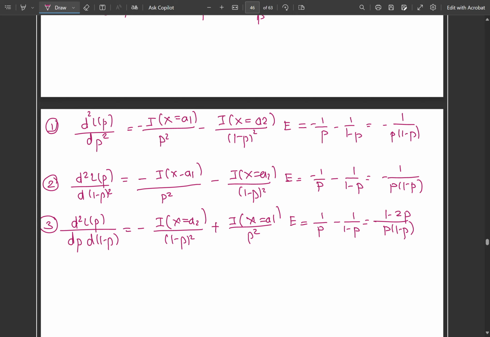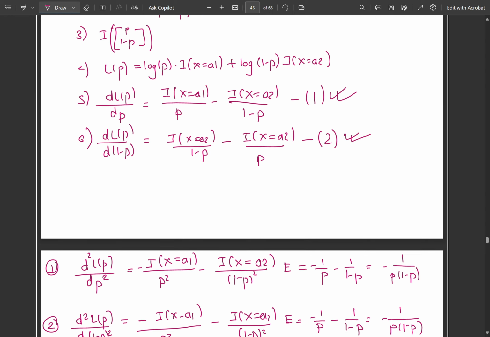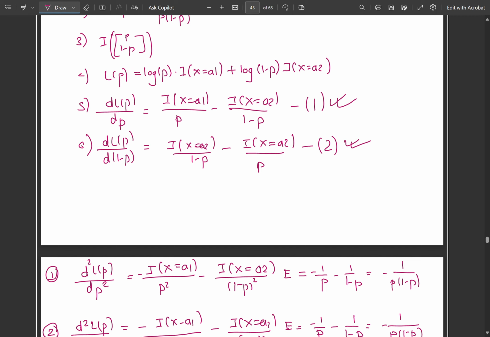So let me quickly summarize what we learned today. We continued. We had these two expressions from our previous session. We took the second derivative of them. For the first expression, we took the second derivative with respect to p, and this gave a certain expression.